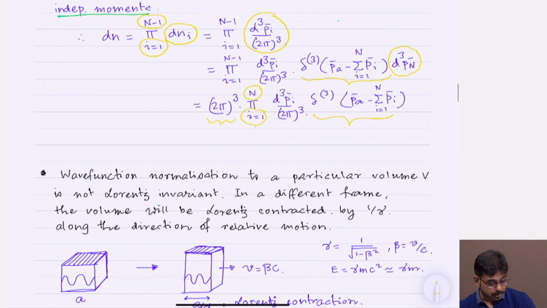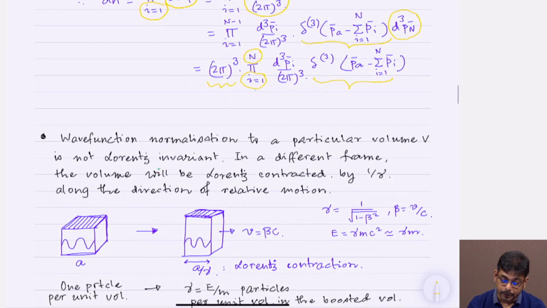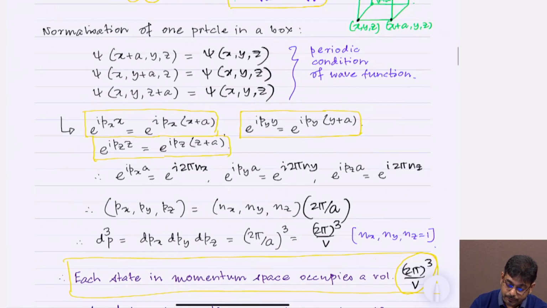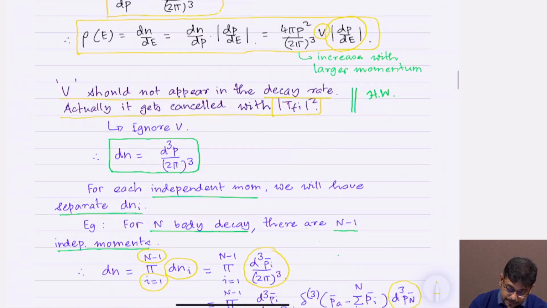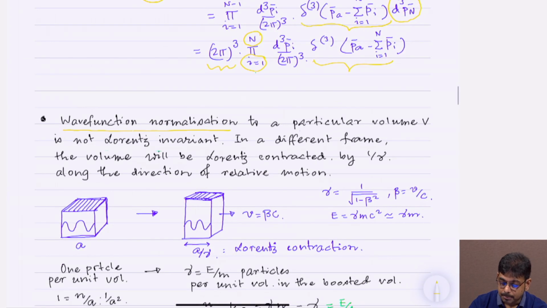Now, there is an important point that we are going to stress upon. The wave function normalization, the way we have done it in a volume V, is not manifestly Lorentz invariant. So, we are stating that wave function normalization to a particular volume V is not Lorentz invariant.